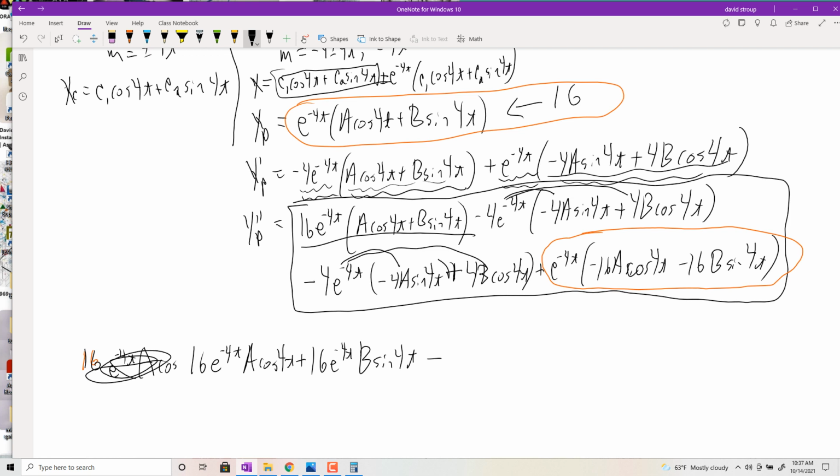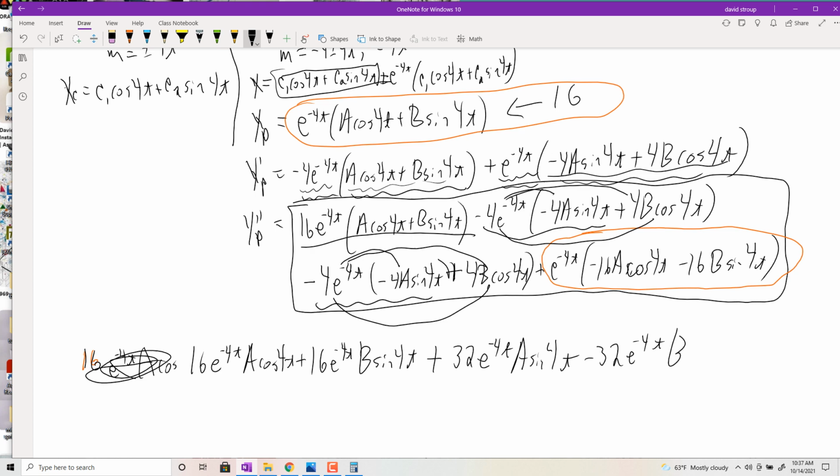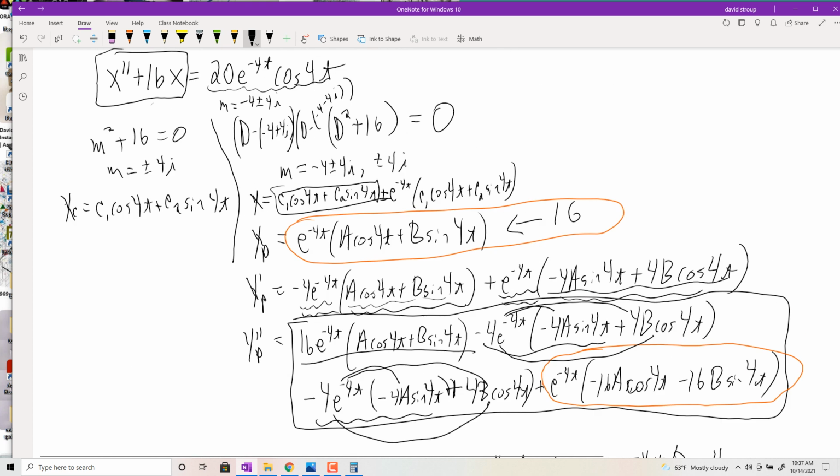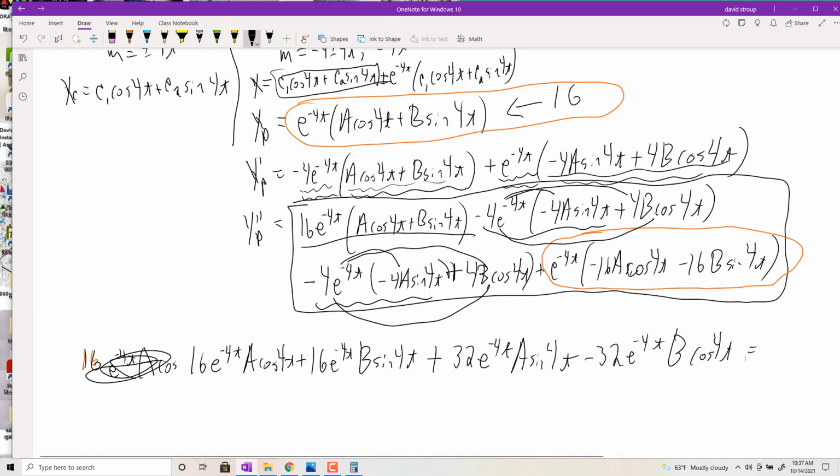Then there's going to be plus 16 of these, and 16 of these is 32 e to the negative 4t, a sine of 4t. And then there's going to be negative 16 of those, and negative 16 of those, so that would be minus 32 e to the negative 4t, b cosine of 4t, all equaling that 20 e to the negative 4t cosine 4t.